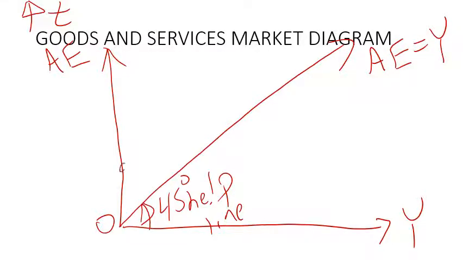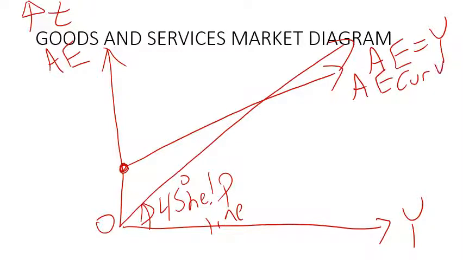And then we have the origin of our first aggregate expenditure curve, which we labeled as AE curve 1. And the origin of this AE curve is at autonomous aggregate expenditures, which is equal to 800.